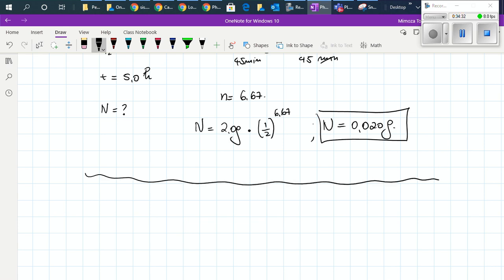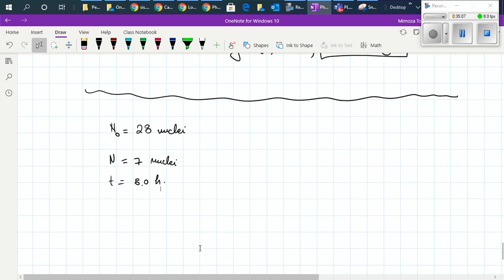If we have an element with a sample that starts at 28 nuclei, and after 8 hours it becomes 7 nuclei, what is the half-life of this radioactive decay?